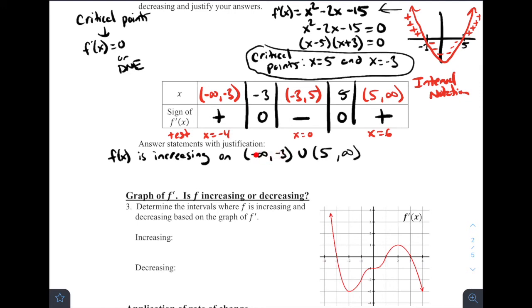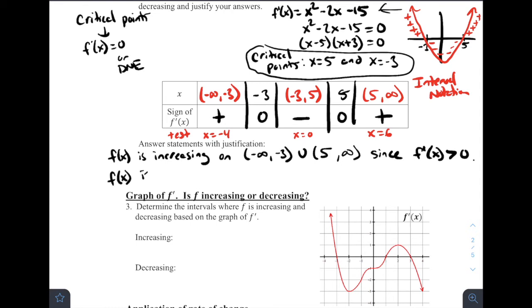So the interval from negative infinity to negative 3 and 5 to infinity, the union saying both of these. And our justification for that is since f prime of x is positive, it's greater than 0. And whenever that derivative is positive, we know that function is increasing.